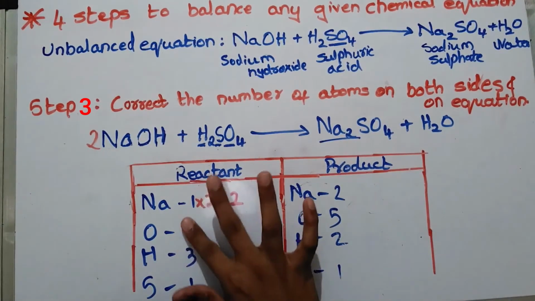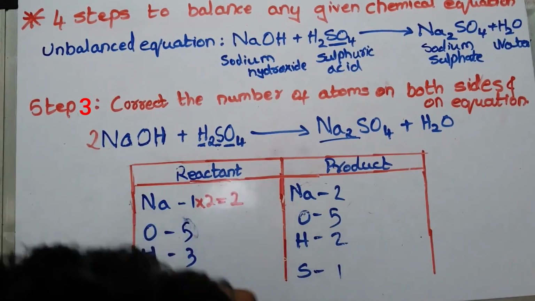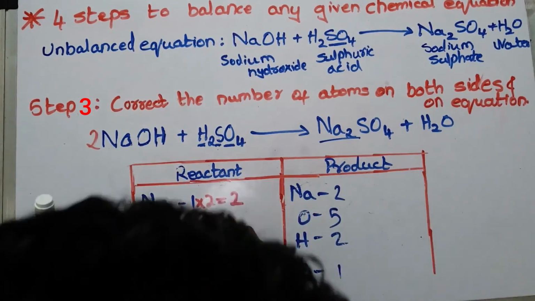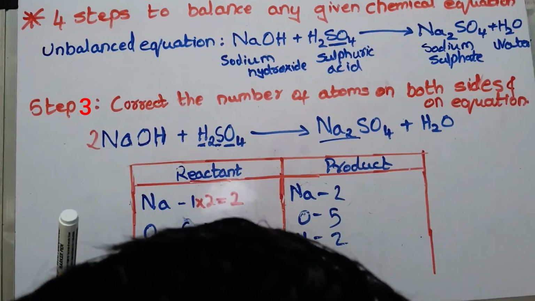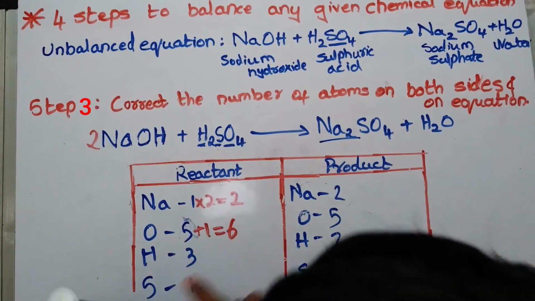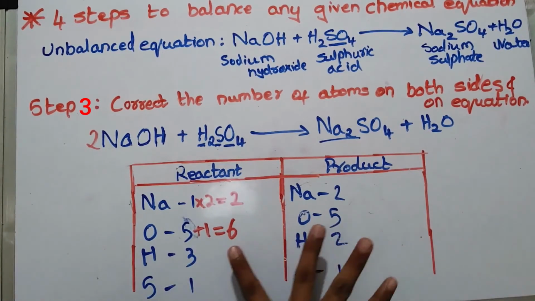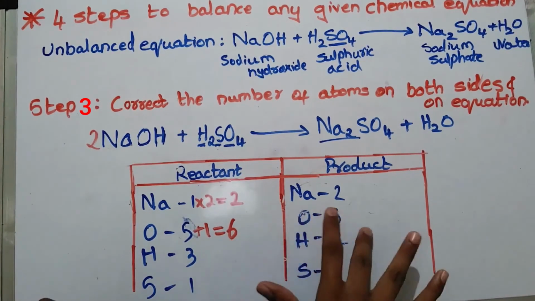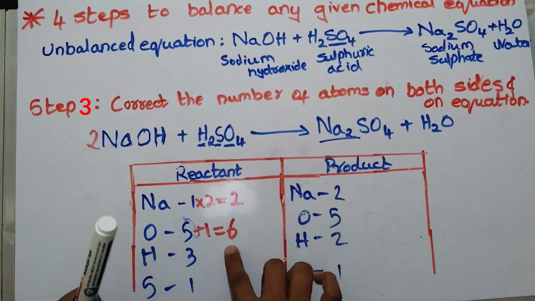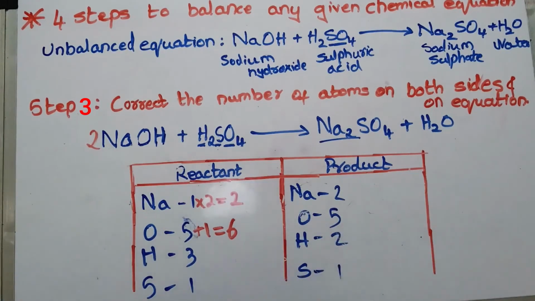Or you can write 5 here, which will result in 6 plus 1, which gives us 6. So you can see that oxygen is disturbed. The balance in oxygen, which was 5 here and here also, has now become 6 on the reactant side and 5 on the product side.